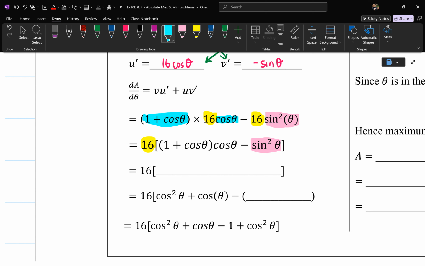Okay? Now, from here, we can expand, and that gives you cos squared theta plus cos of theta minus sine squared of theta. So I'm expanding it.